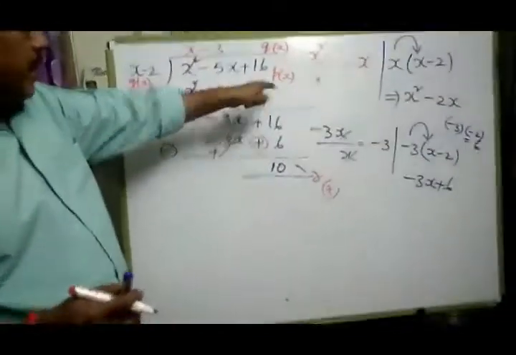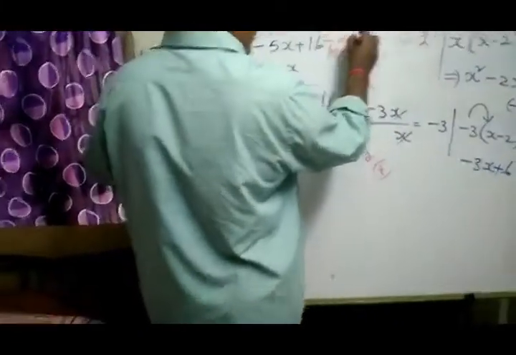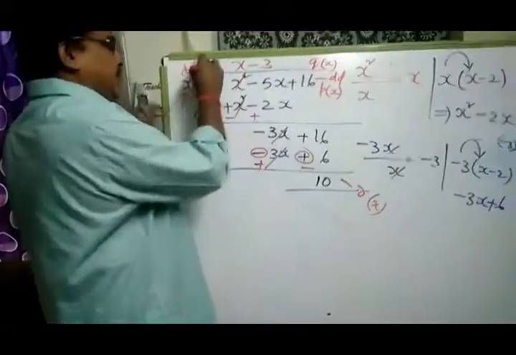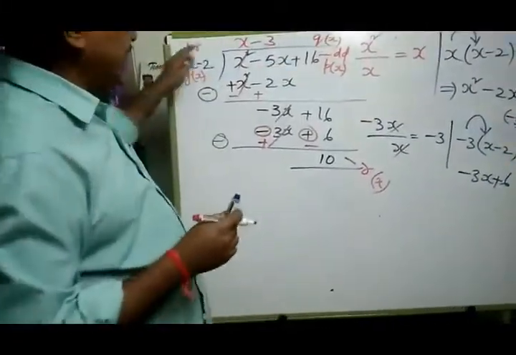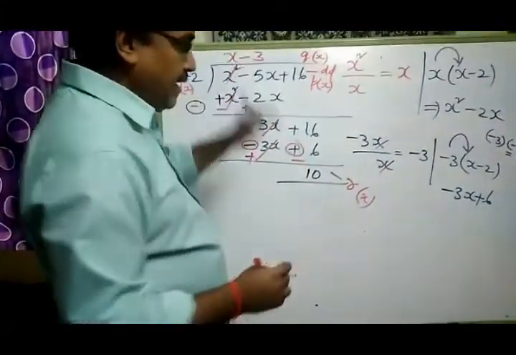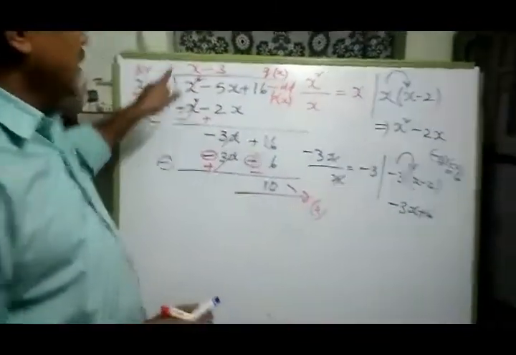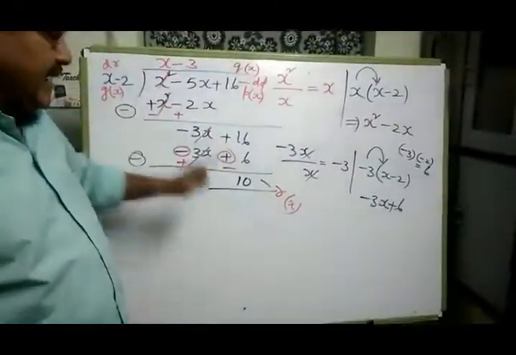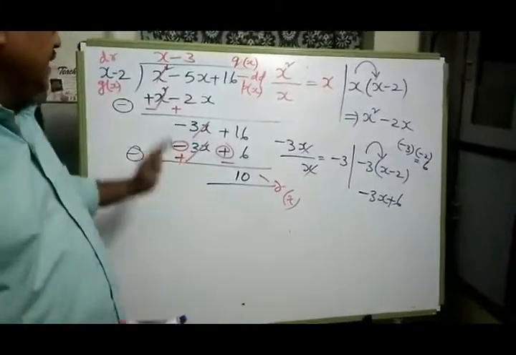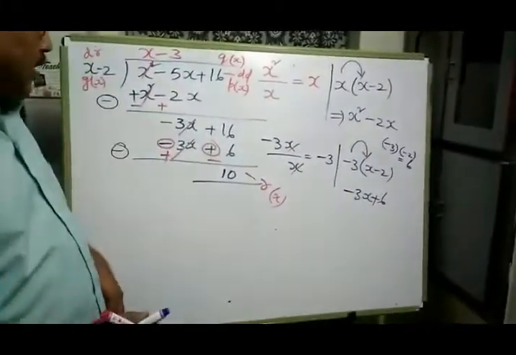So this is p of x, dividend. This is divisor, quotient and remainder. Dividend p of x, divisor g of x, quotient q of x, remainder r of x. This is the division. We perform one more division.